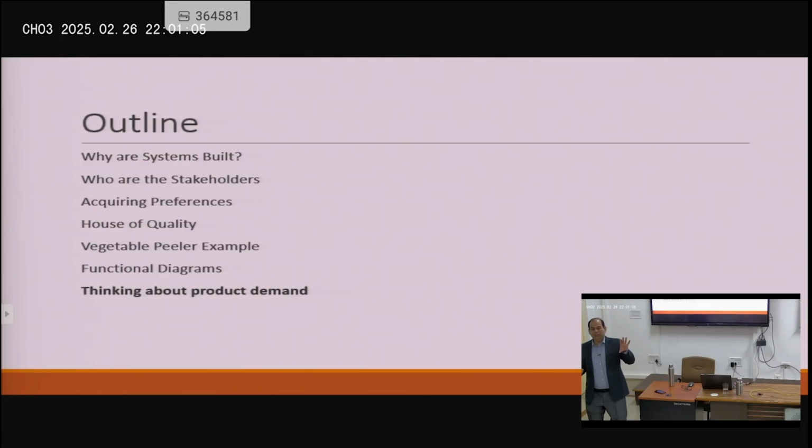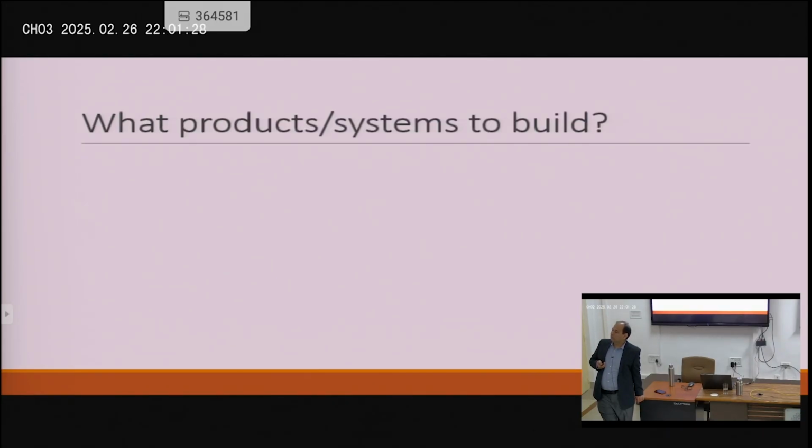The demand model takes product attributes as inputs, and product attributes are outputs of my system model. So I can do this whole optimization so that my market share or my profit is maximized. People claim that you can do that, right? So let's spend some time talking about product demand and how we can design products and systems considering the demand of such products.